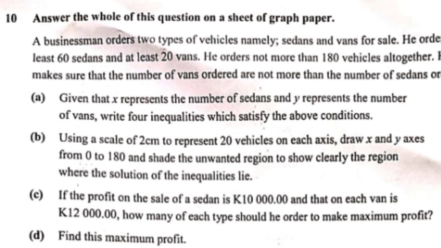He orders at least 60 sedans and at least 20 vans. He orders not more than 180 vehicles altogether. He makes sure that the number of vans ordered are not more than the number of sedans ordered.